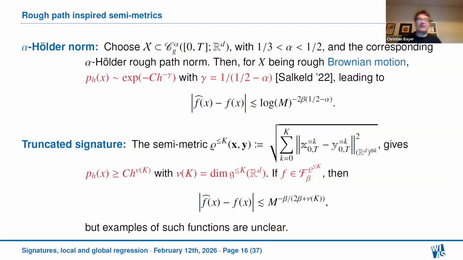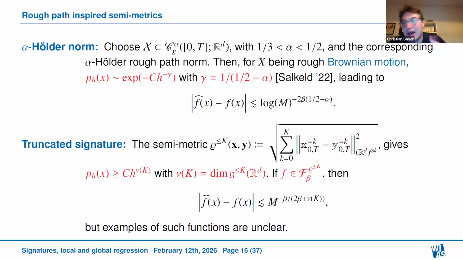You can apply this to different metrics which are inspired by signatures or rough paths, and the theory goes through. As expected, we get these logarithmic rates. For instance, if we take the alpha Hölder rough path norm, which I have not introduced, if you are an expert in rough paths, then you will understand.